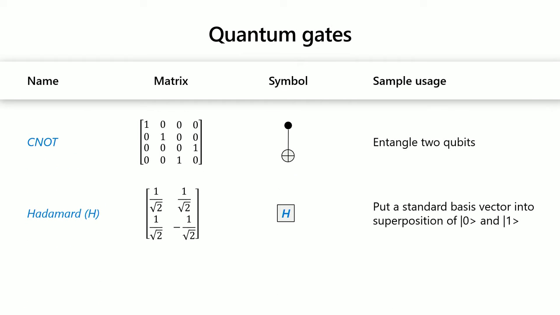There are multi-qubit gates. And the most famous is a CNOT gate, a controlled NOT gate. That's the way the matrix looks, basically, and that's the representation for it in quantum circuits. That circle at the top, the dark circle, says, based off of the value of this qubit, either NOT the other qubit, or leave it alone.